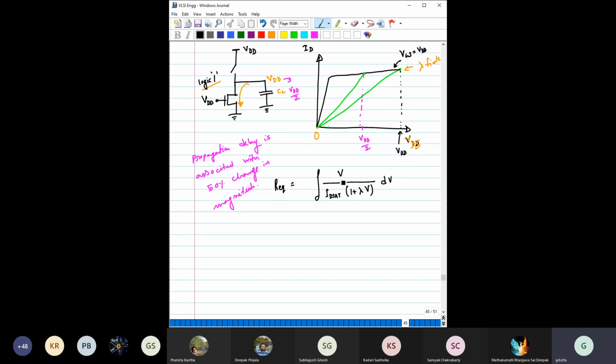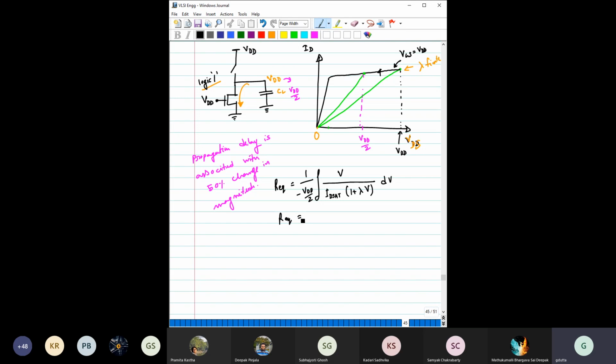We are summing it up and taking an average, as the change goes from VDD to VDD by 2, so the range is VDD by 2. If you know this equation, you know this V, you know VDD by I, then you should be able to calculate the equivalent resistance of this NMOS or PMOS.